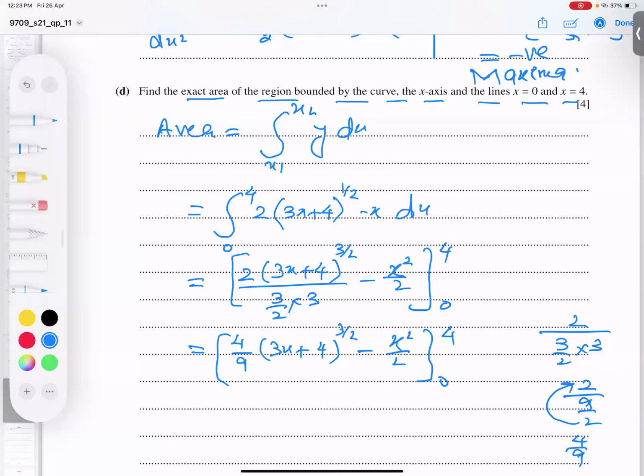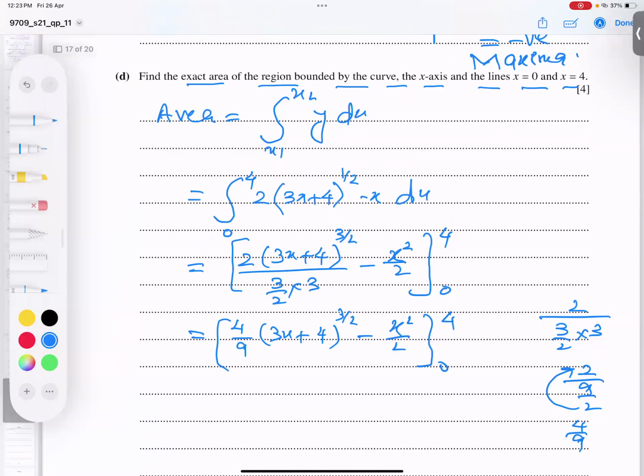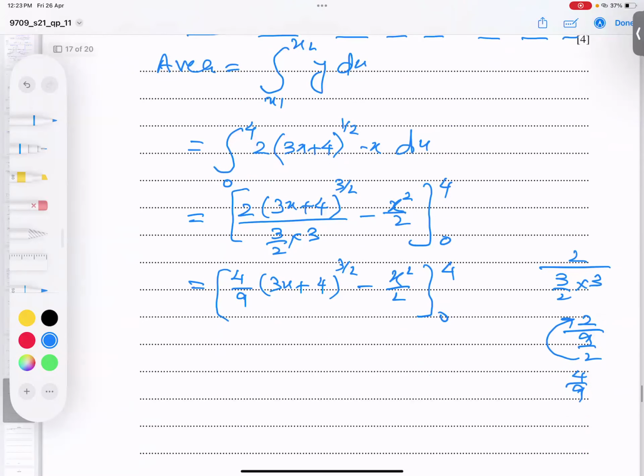Okay, now students, I'm going to plug in the limits. When I plug in 4, 4 over 9, 4 times 3 is 12 plus 4, 16. And 16 to the power 3 by 2 gives us 64. So I plug in 4 and I got this answer. Now I plug in 4 here, 16 by 2, I got 8. The upper limit is done, minus the lower limit. When I plug in 0 here, it is gone.